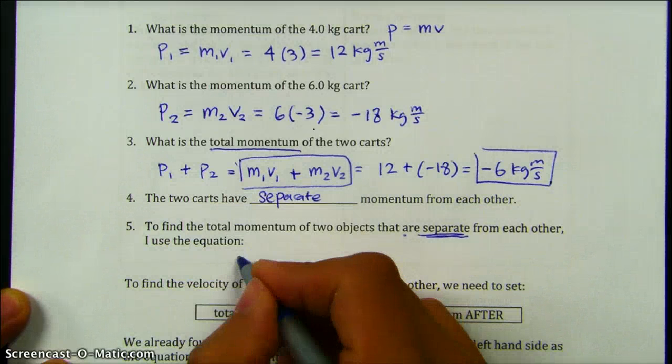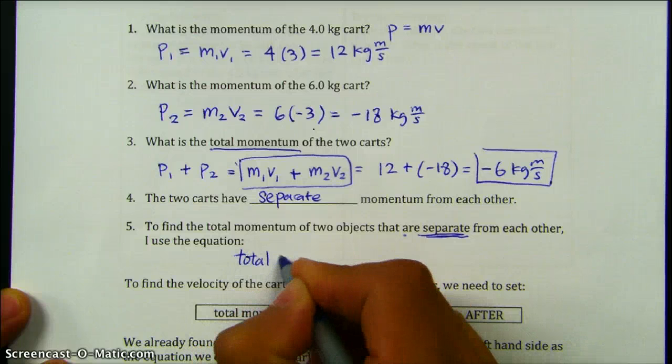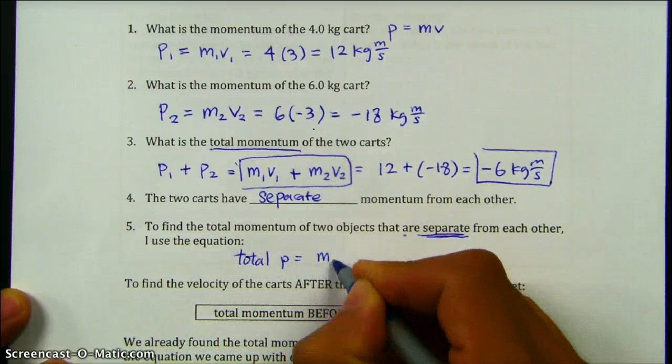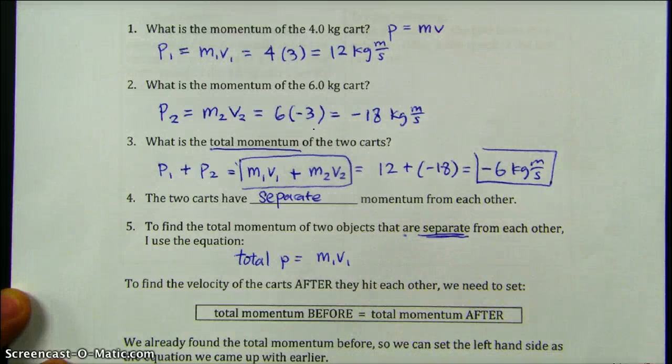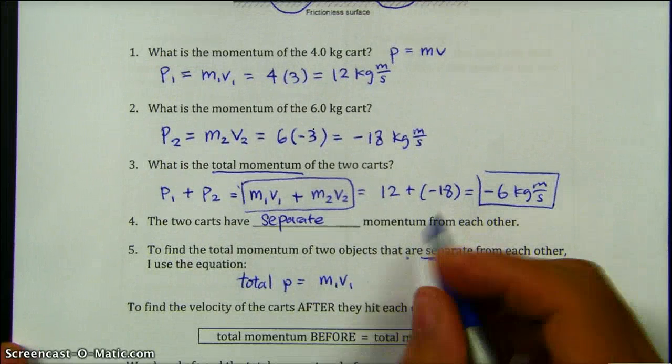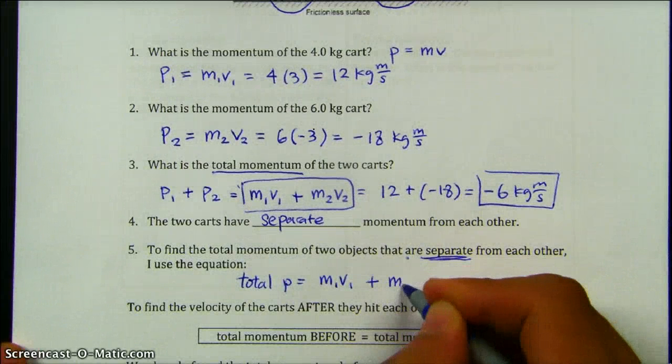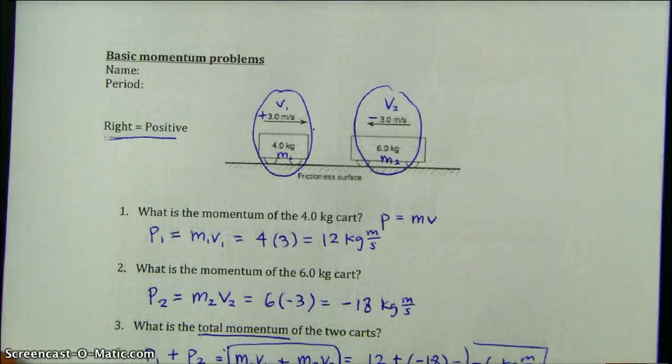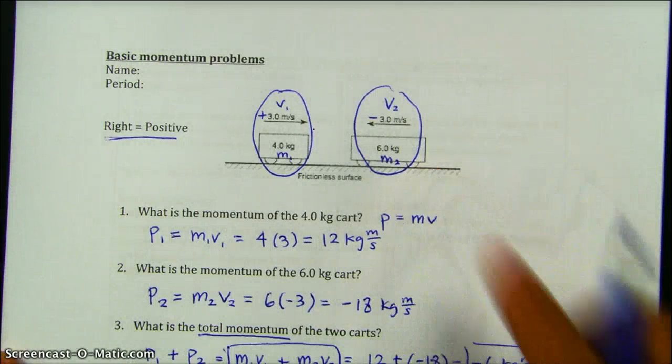So to find the total momentum, we just take mass times velocity of the first object, which is that, plus mass times velocity of the second object, which is that.